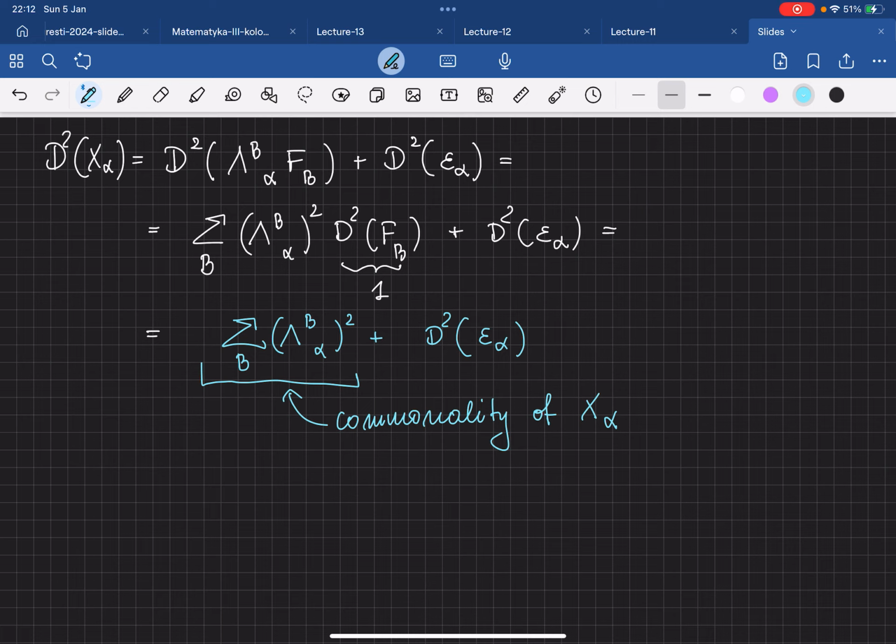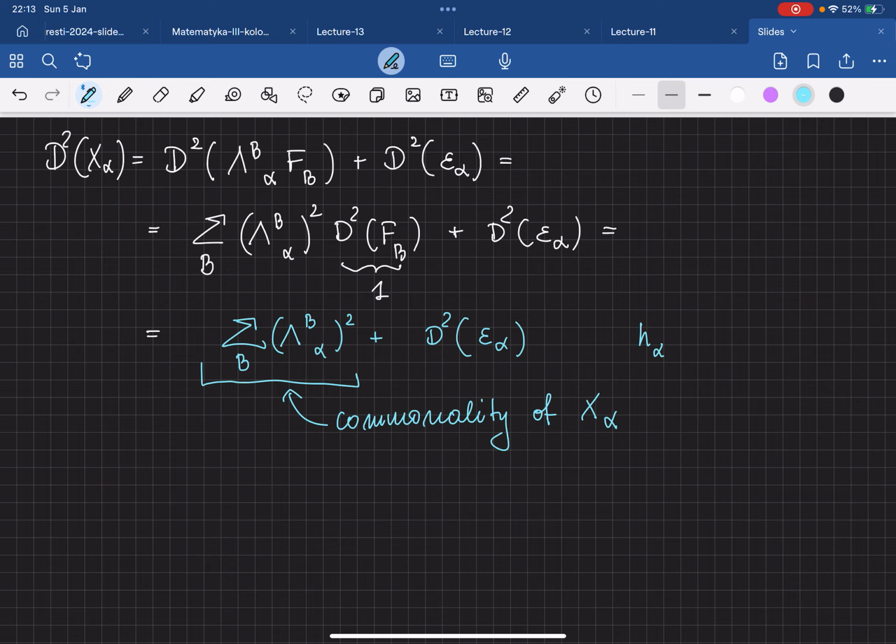It is used to measure the performance of the model, since it says how much of the whole variance of variable x_alpha is explained by the model. So sometimes we also use explicitly the percentage.